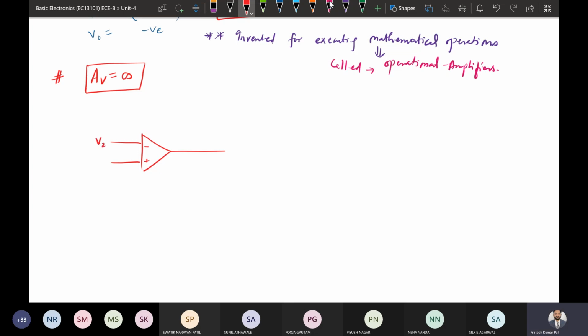This is V2 and this is V1, and the difference between these two is called Vi. So Vi will be V1 minus V2, and this is your output, which will be the gain multiplied by the input.